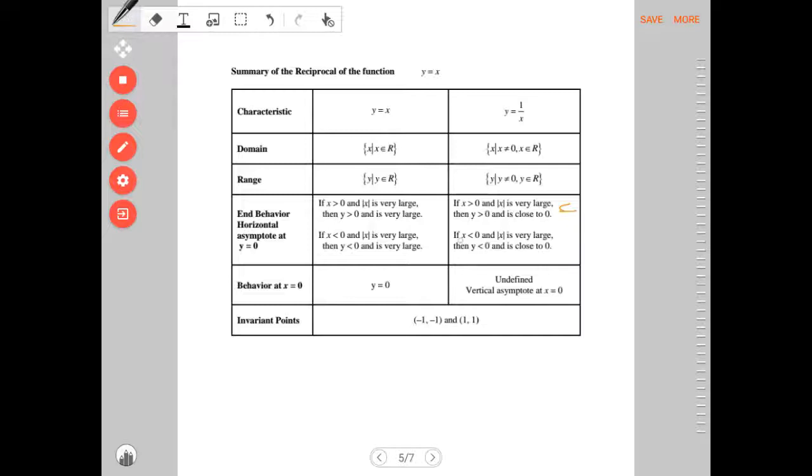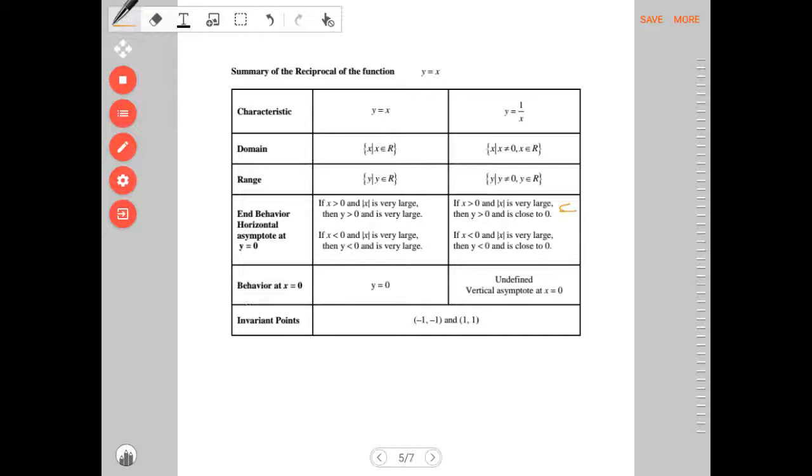When x is less than 0, so negative, but the absolute value is very large, then y is less than 0, so still negative, but very close to 0. So 1 divided by big is very small.